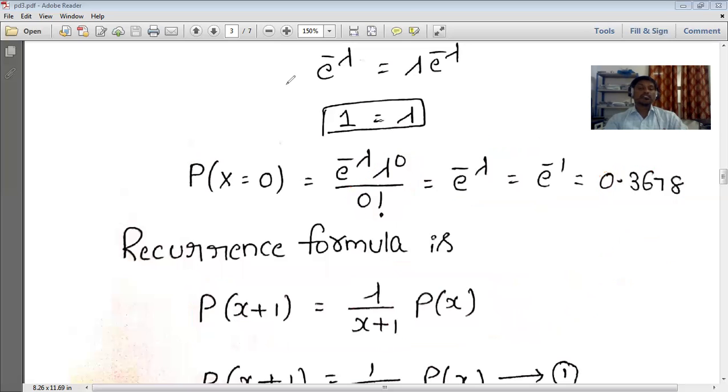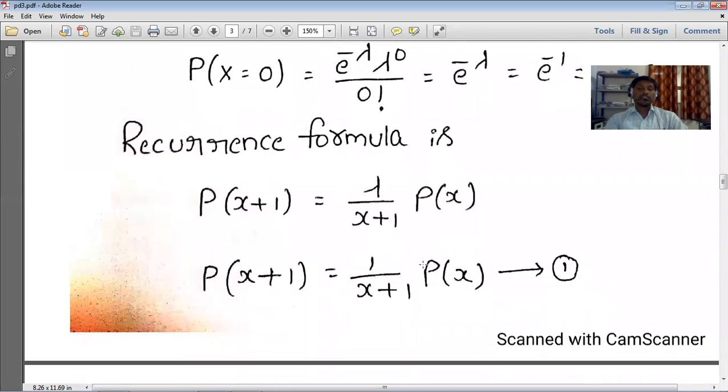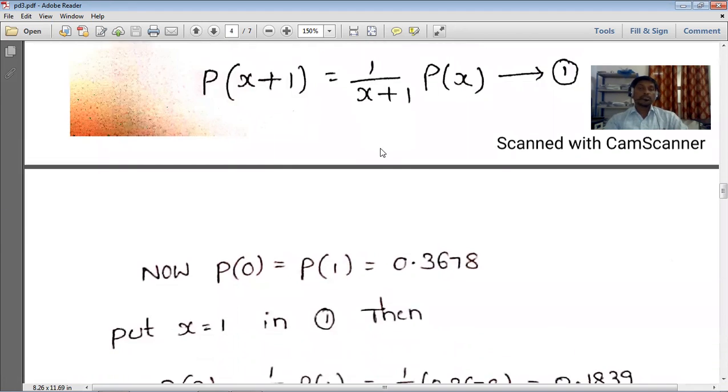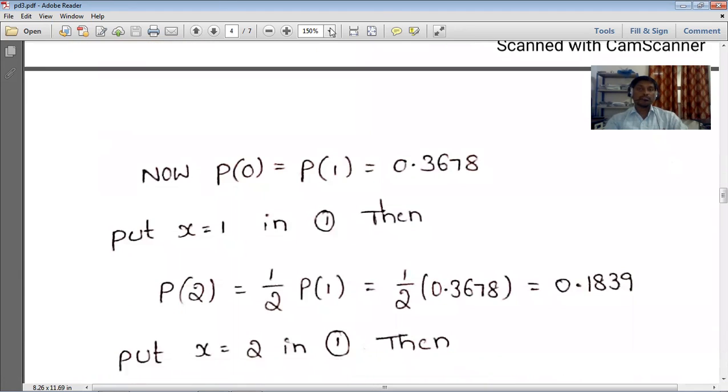Okay. So let us see that. First one, p of x plus 1 is equal to lambda, we substituted here. Since lambda is equal to 1, it is 1 by x plus 1 into p of x. As per the problem they already mentioned that p of 0 is equal to p of 1, right?